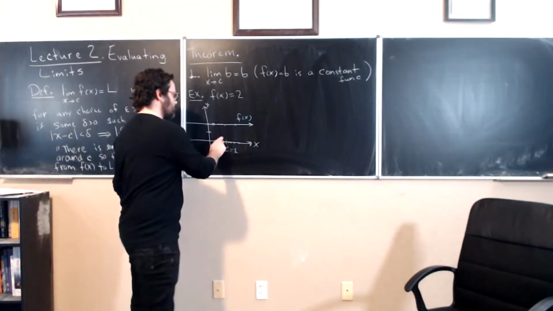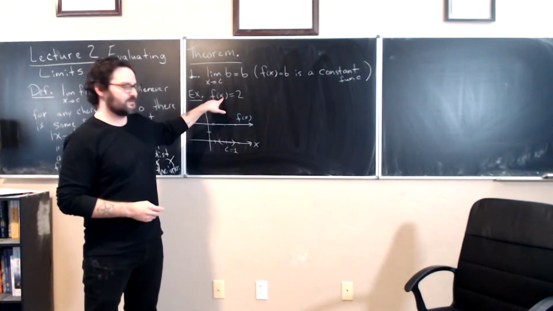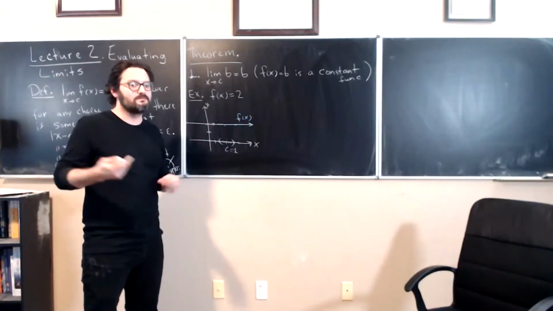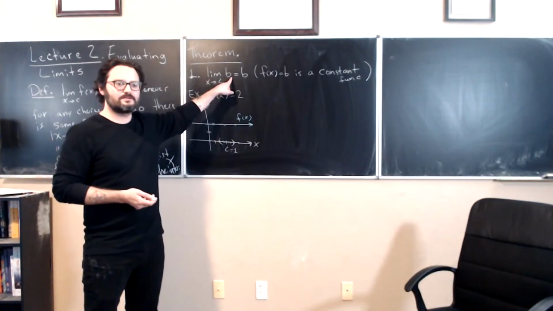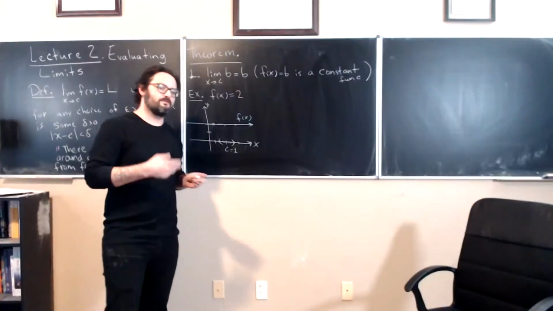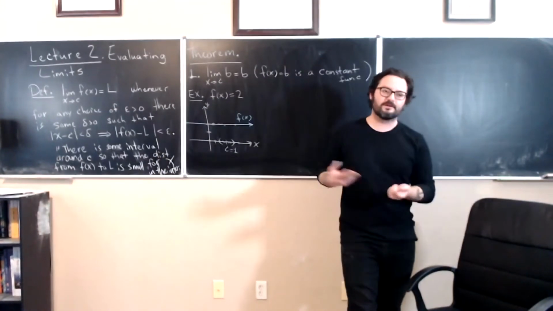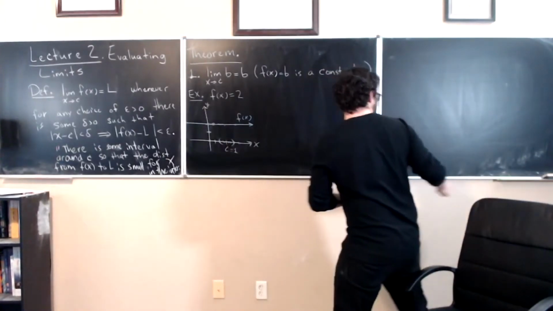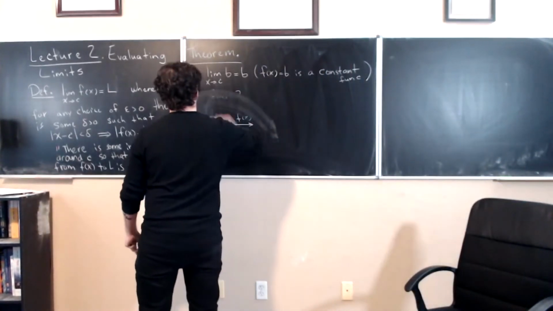We can always find an interval around c where this function is arbitrarily close to 2. It happens to equal it, but that's the idea. So hopefully this statement here makes sense. If you have a constant function and you try to evaluate the limit as x approaches any number c, it's always just the value of the constant. Hopefully that makes sense. Okay, that's part 1.